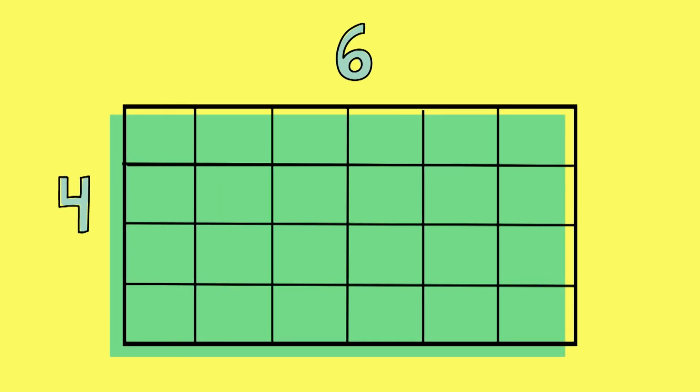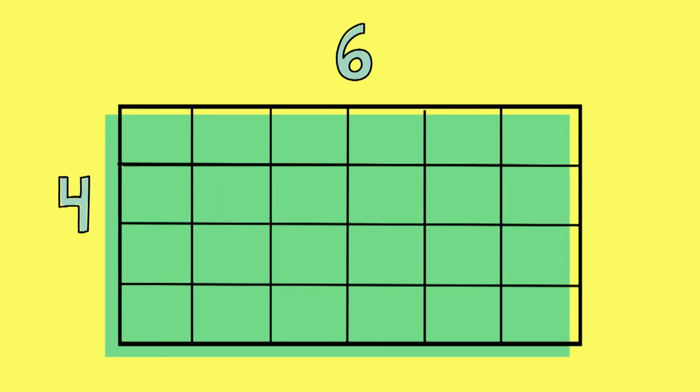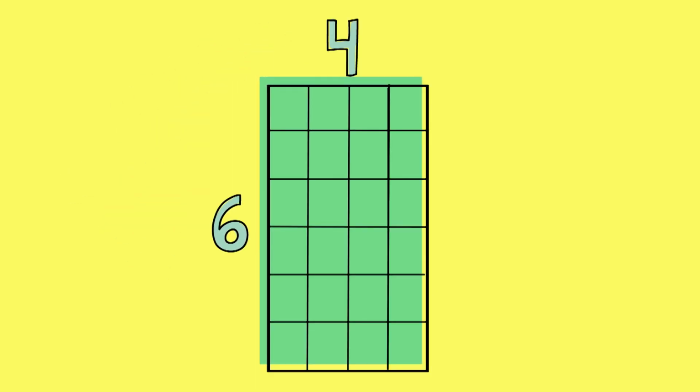Very nice. So if you know that a 4 by 6 array has 24 tiles, how many tiles would be in a 6 by 4 array? That's right, exactly, 24. So what if we didn't show the array?